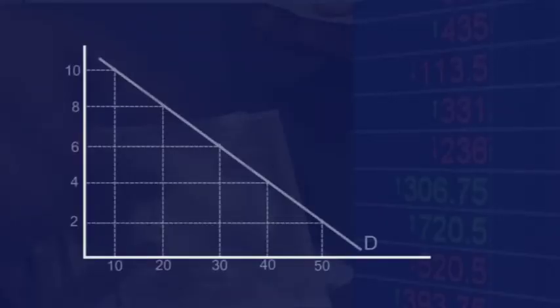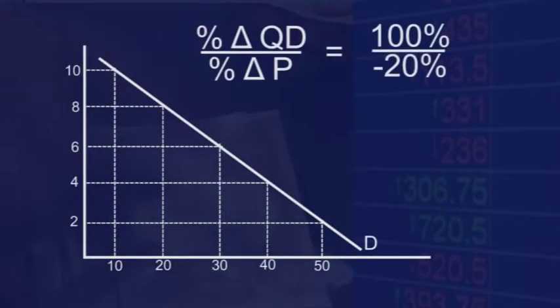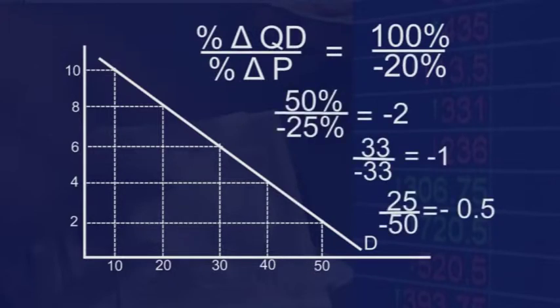It rises by another 10, but this time, of course, it's only a 50% increase in quantity demanded, because it's a 10 unit increase on a bigger amount, on 20 rather than 10. So we've got a 50% increase in quantity demanded, and although we've got another 2 euro fall in price, it's a smaller proportionate change.